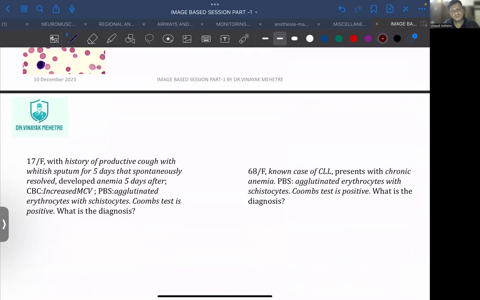And this is the commonest disease that happens in ICU patients. Commonest anemia, you can say. Okay, I'm not saying most commonly, but it happens in ICU patients very commonly and gets neglected because of doctor negligence. First one is which one and second one is which one.